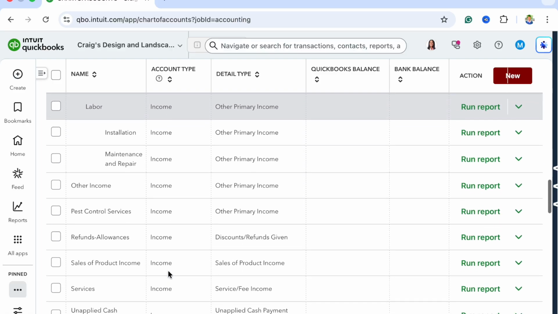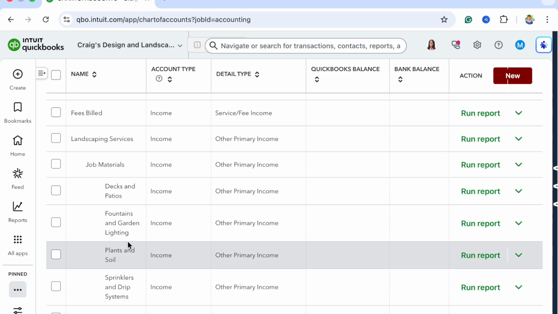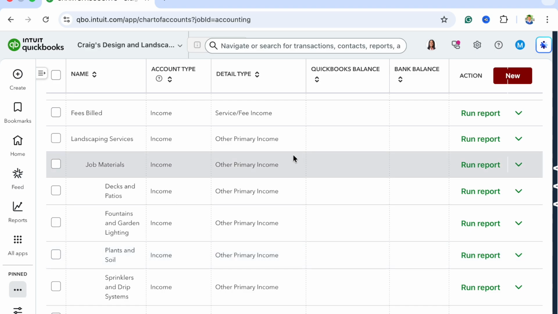You want to make sure that they're all together, because all this affects how it shows up in your financial statements. If you ever want to rearrange the order in here, you can turn on account numbers, which I personally like to use, but that's completely up to you.